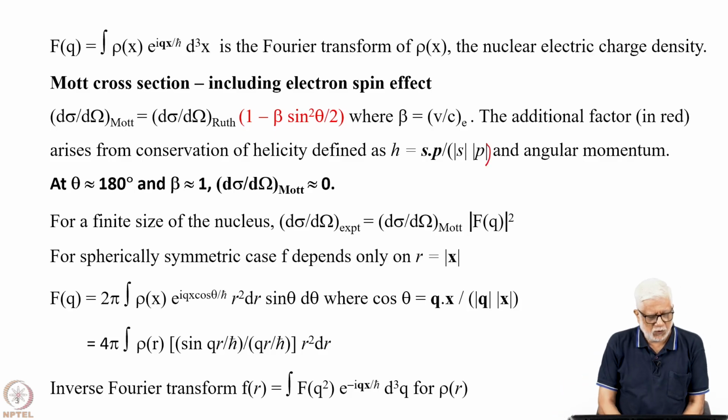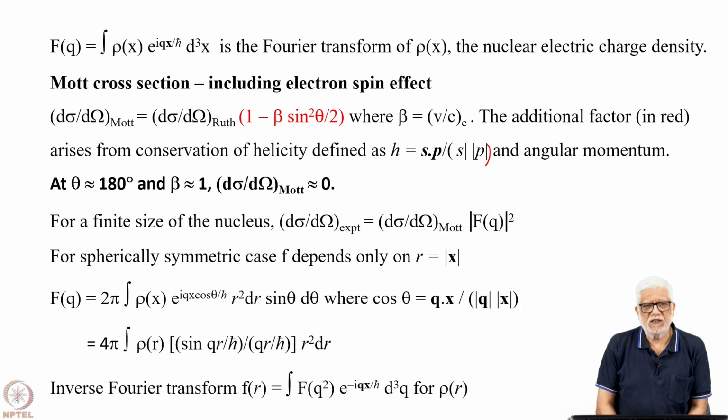At theta equal to 180 degrees and for beta close to 1, d sigma by d omega Mott is almost 0. So, in fact, this is the rationale for doing magnetization distribution measurements with electron scattering at close to 180 degrees, because the charge contribution to the scattering is close to 0.